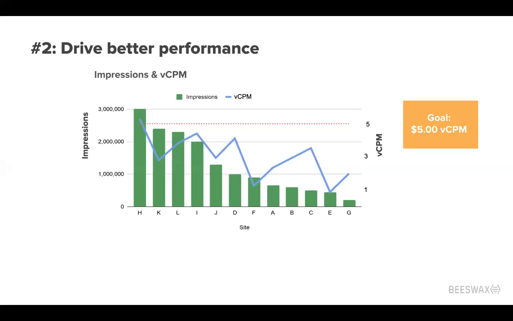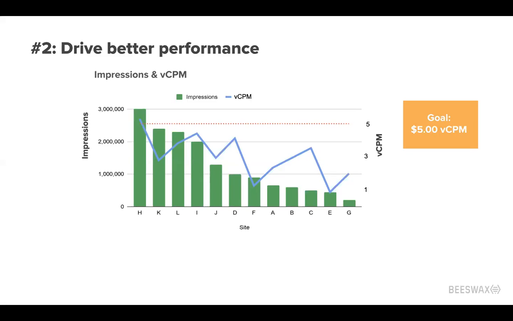Let me explain this graph. This is a case where, let's say, you're optimizing towards a viewable CPM, but you may have different business objectives. You may be optimizing towards a margin or a conversion rate or a video completion rate, whatever the KPI is that you are trying to achieve on behalf of your customers.